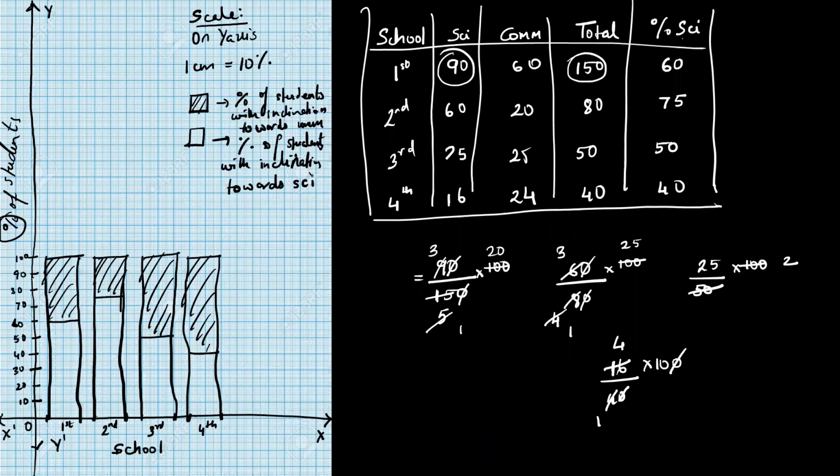Yes, correct. This is a percentage bar graph. Omkar has answered correctly again. Neha and Shreya have just written the word percentage. No, you should write the full name. Okay, let's move on to the next question.